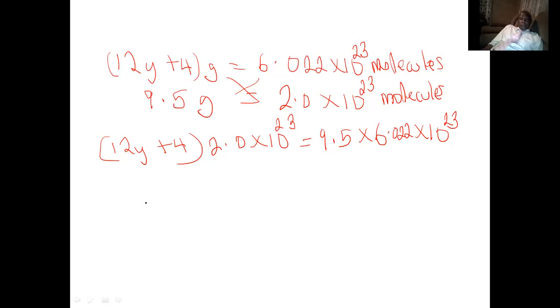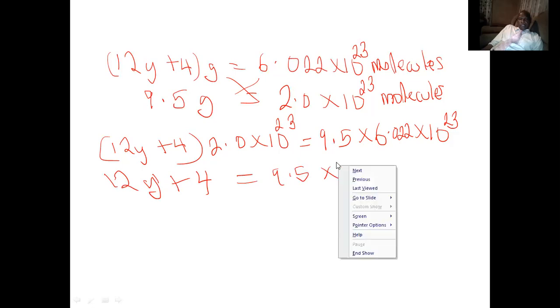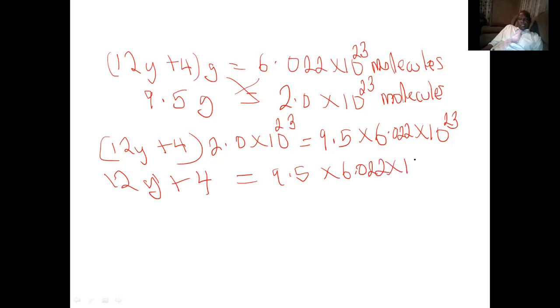And therefore, we can say 12y plus 4 should be equal to 9.5 multiplied by 6.022 multiplied by 10 to the power 23 molecules divided by 2 times 10 to the power 23.